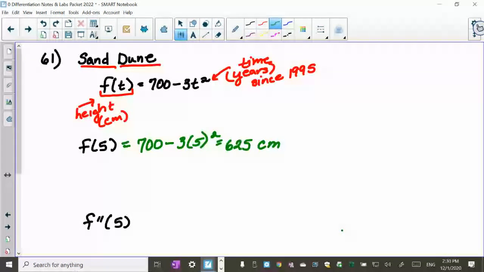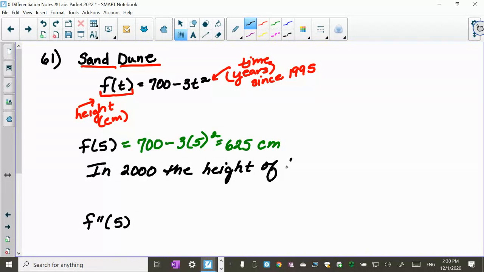If I was going to explain what this means, this means that 5 years after 1995, or in the year 2000, the height of the sand dune is 625 centimeters. So that's important to me, that you know what that means, that if I take the function and plug a 5 in there, that's what that means.